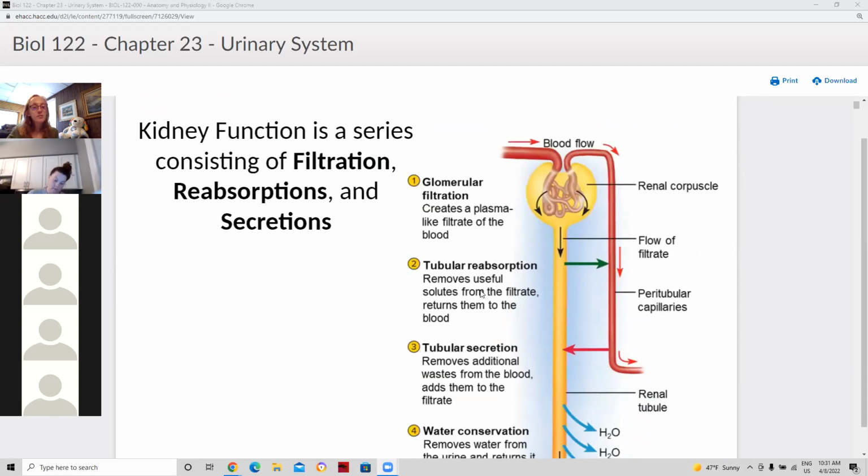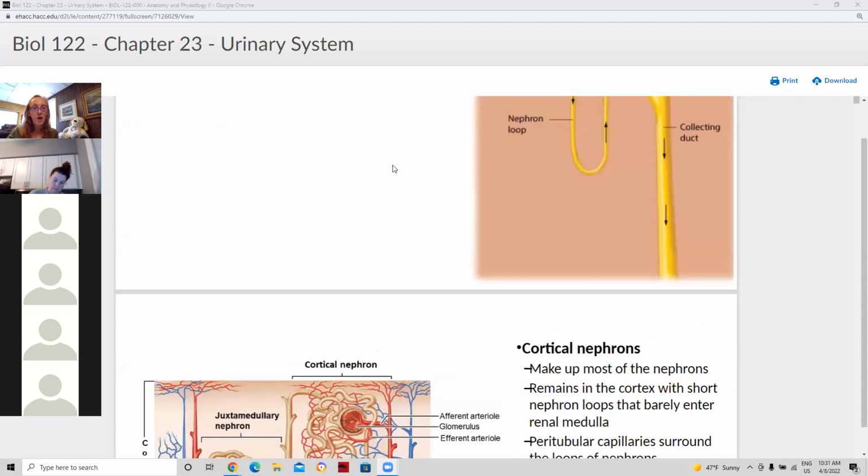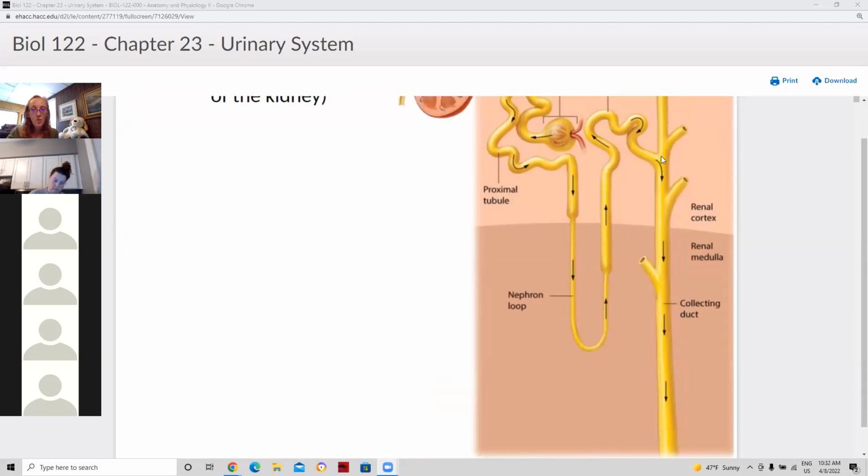Kidney function is a series of filtration, reabsorption, secretion, and water conservation. Whatever is left in the nephron after we go through all four of these processes and move all the way through the nephron is going to be excreted as urine.